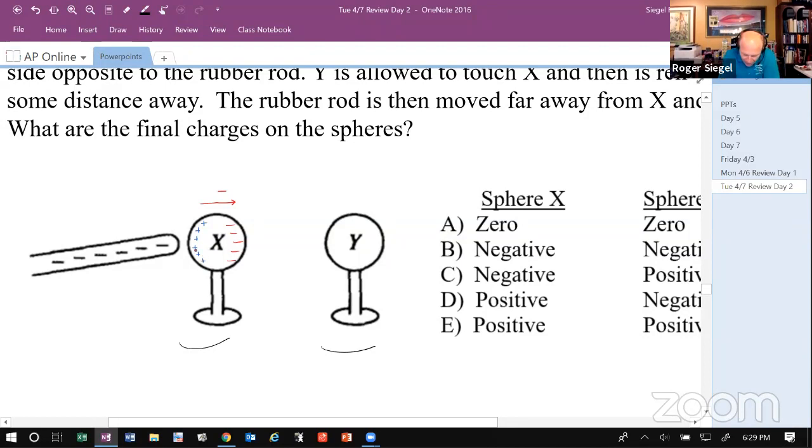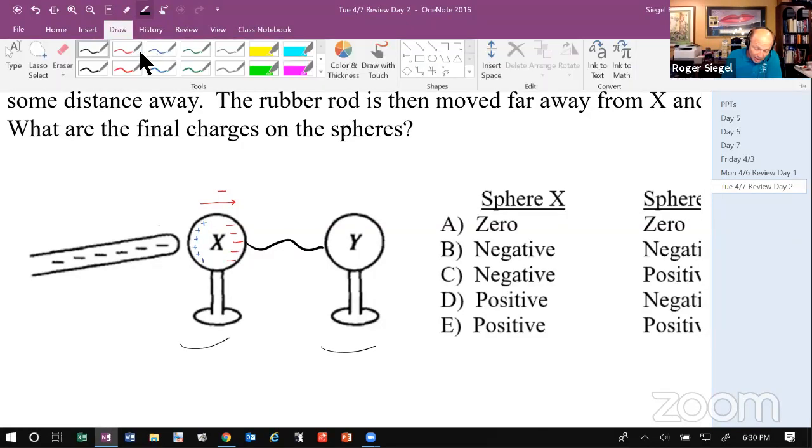Now, the next thing that happens is, let's say we connect them with a wire or touch them. It's the same thing if we connect them with a wire. Before the wire was here, the furthest the electrons could get away from the rod was this far. But now look at what they can do.